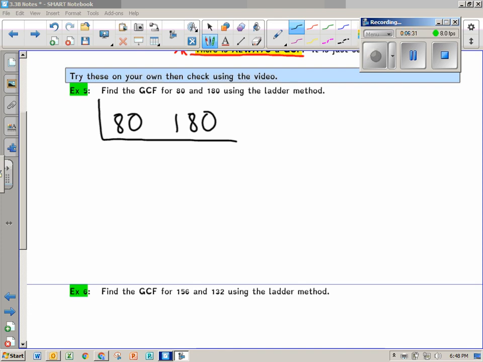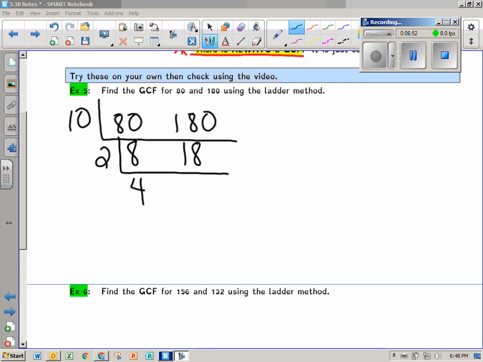Okay, I've written the numbers horizontally. Remember, you can start with any number you'd like. I noticed they both end in 0, so I'm going to start with 10. Goes into 80 8 times, goes into 180 18 times. Add another rung to the ladder. They're both even, so I'll factor out a 2.